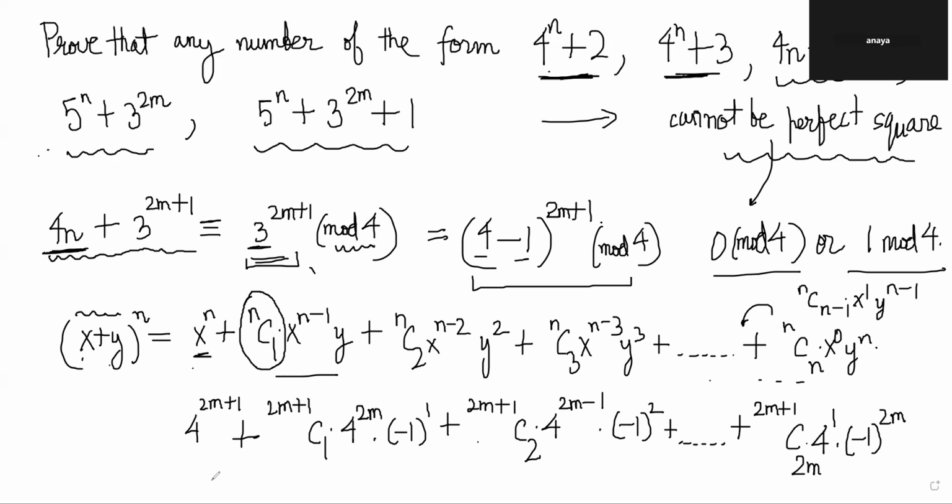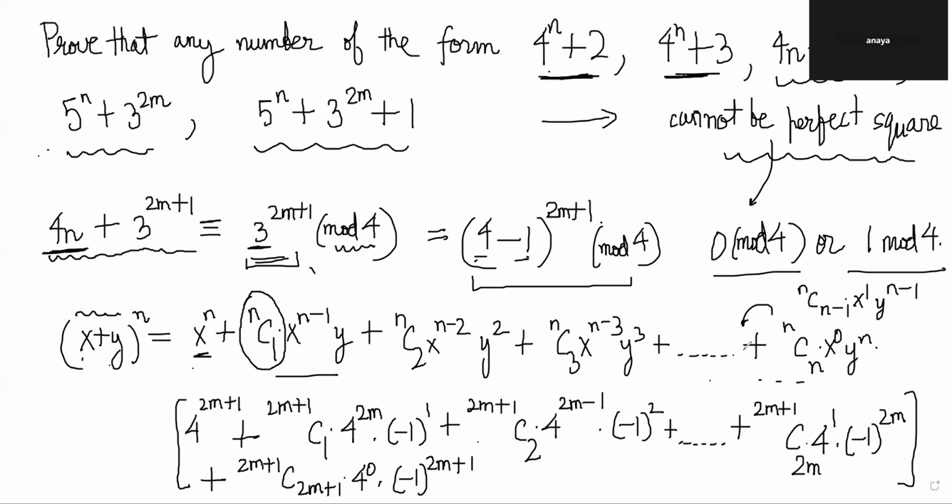And then the last term would be (2m+1)C(2m+1), 4 power 0, and (minus 1) power 2m plus 1, right? Do you understand what I'm doing? I'm just writing the terms as (4 minus 1) power this. I'm expanding by the binomial theorem, right?